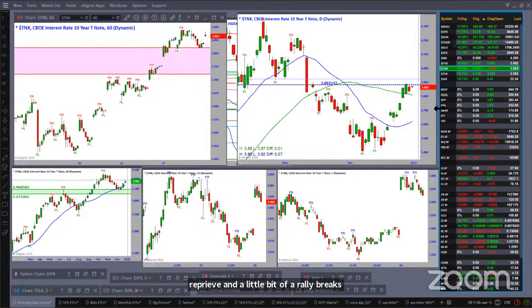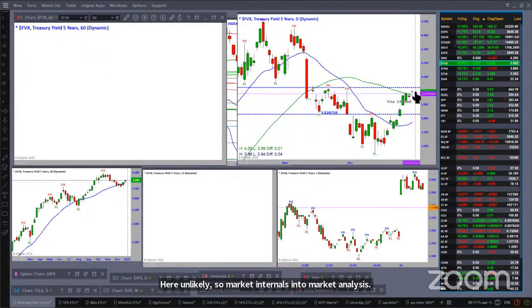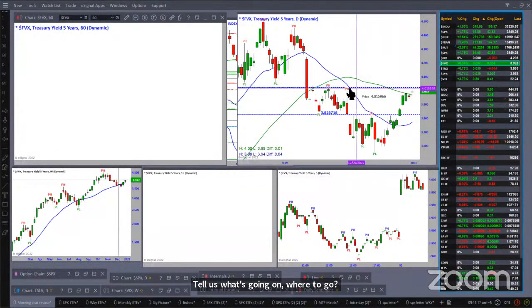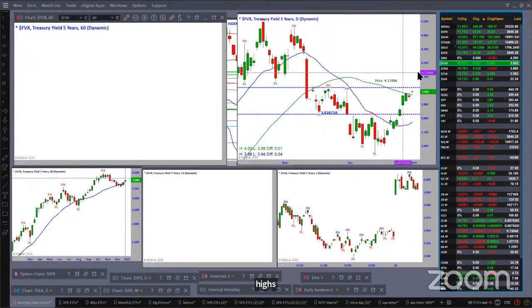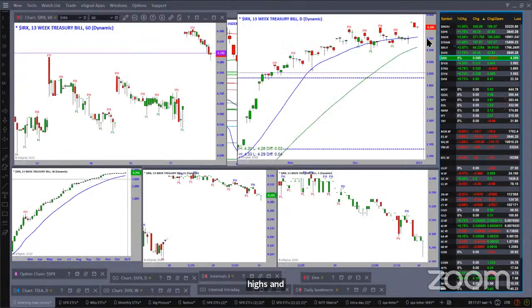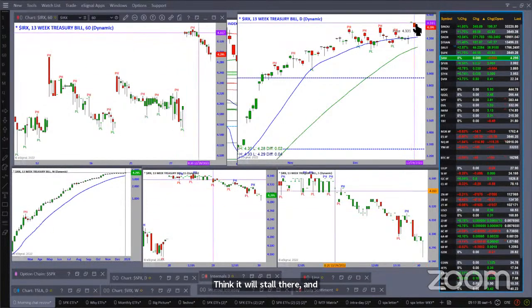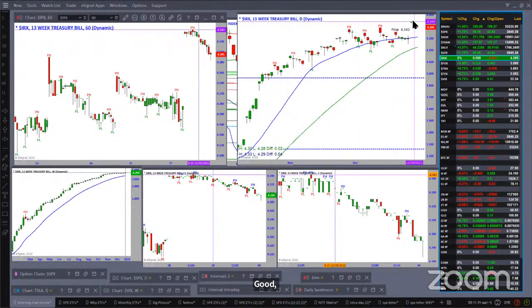Unlikely. So market internals and market analysis tell us what's going on and where to go look. The 5-year is moving up toward these pivot highs, and I figured it'll stall there. The Fed's 13-week Treasury bill moved up there a few days ago.